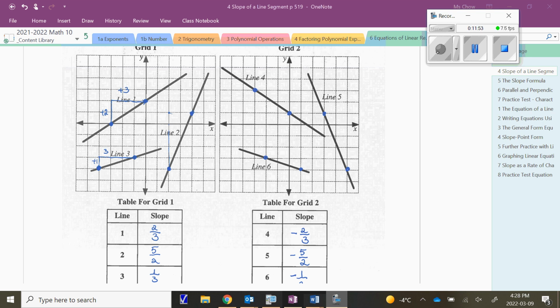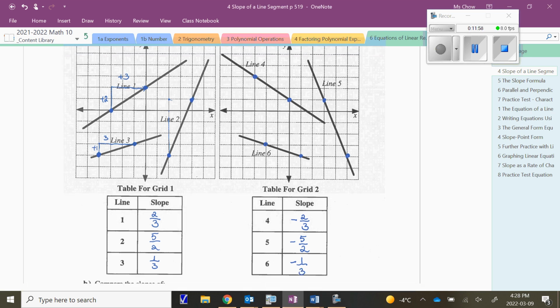Okay, and so what do we notice then? We found the points on those lines, and we found that the slopes are -2/3, -5/2, and -1/3. Typically speaking, we like to leave either the negative out front or with the numerator. It's okay to say that it's 2 over -3.